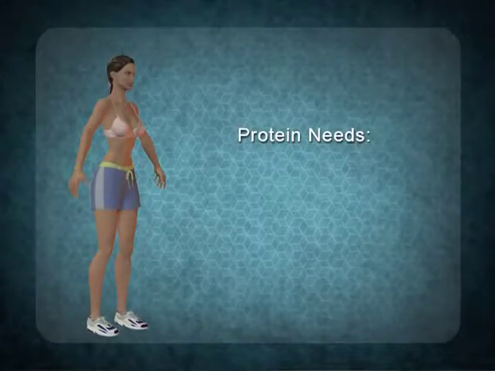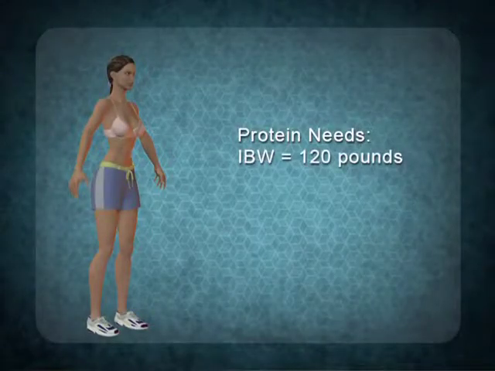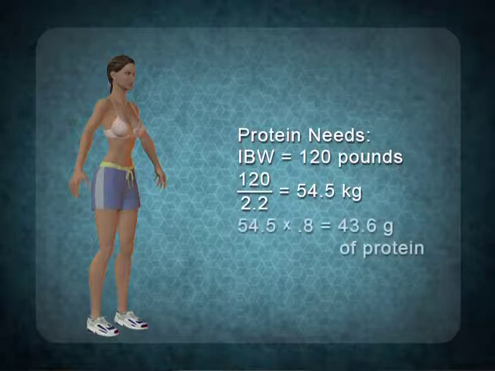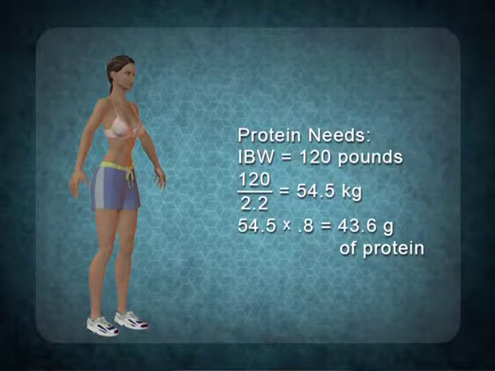So this 120-pound woman, ideal body weight's 120. And to go from pounds to kilos, you divide by 2.2, and that'll give you 54.5 kilos. 54.5 times 0.8 gives her a total protein need of 43, rounded up to 44 grams of protein per day.